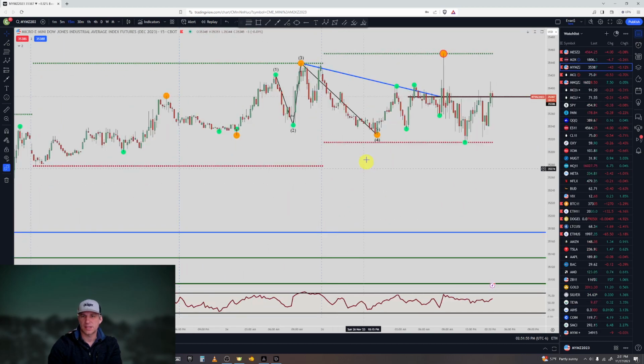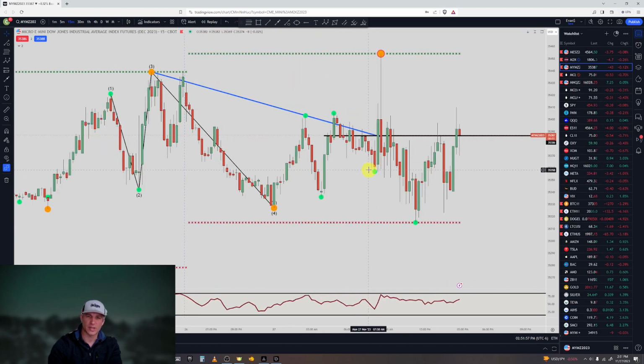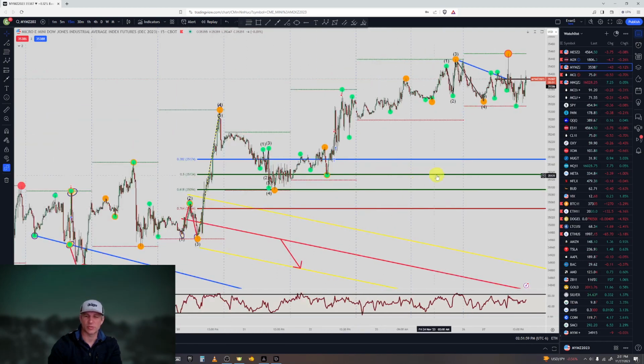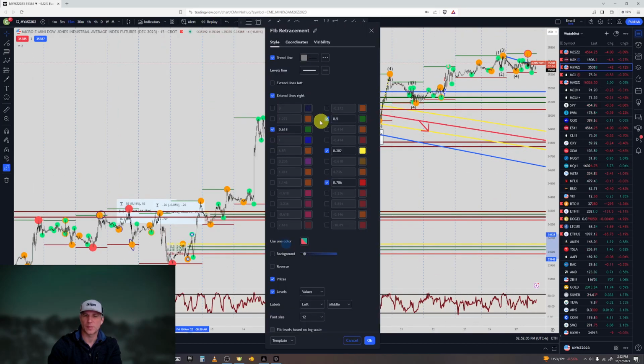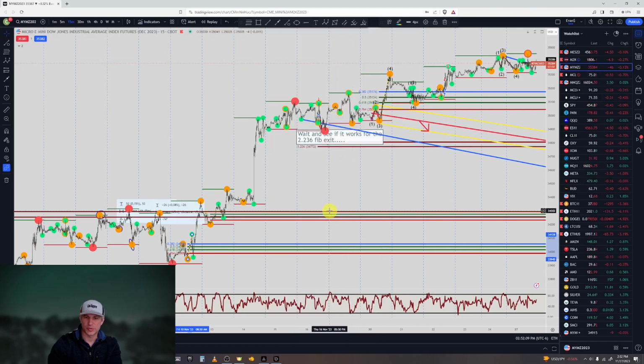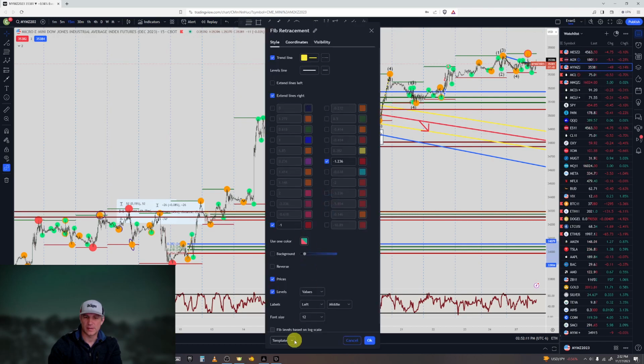And it doesn't look like there's really anything else going on right now for the Dow Jones. Down here, we have a retracement trade set up. We had a potential shift pitchfork one way down here. Then we have just a bunch of other retracement trade setups down here.